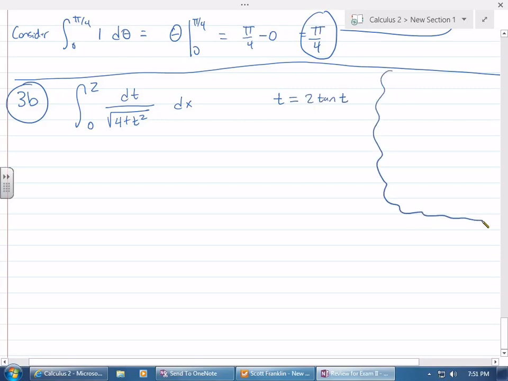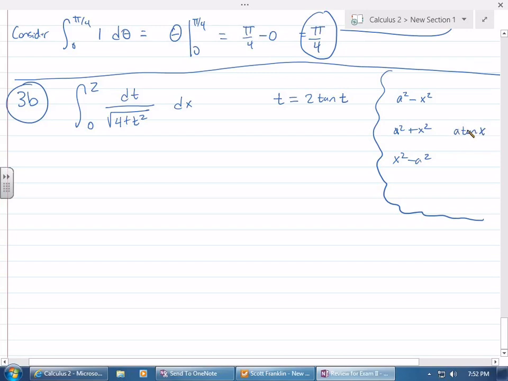Remember the rule: if it's a squared minus x squared, or a squared plus x squared, or x squared minus a squared. I know this one, tangent theta, or tangent x, is your substitution.